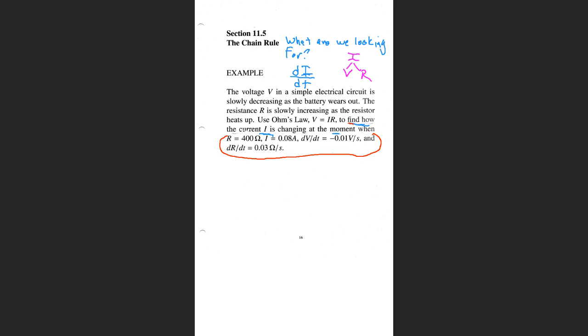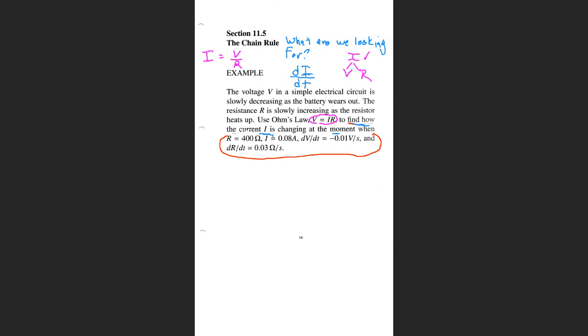Well, V equals I times R. But this means then that current is equal to voltage divided by resistance. So the current I is not a function of just one variable. It's a function of two variables.